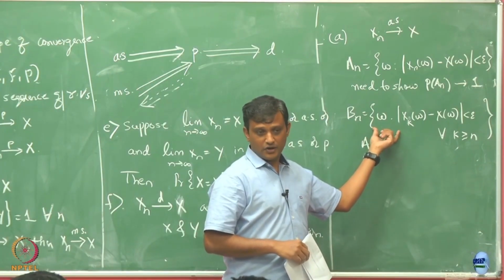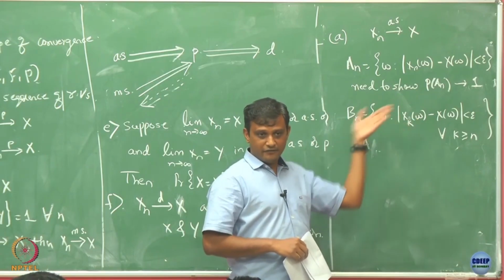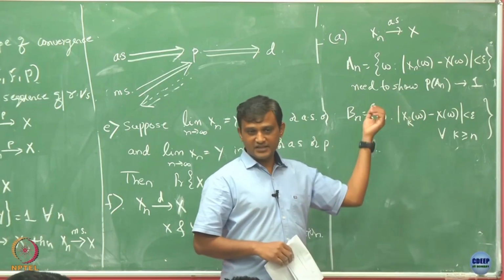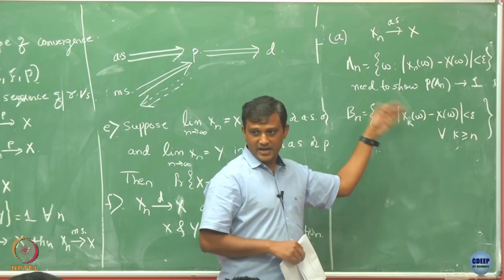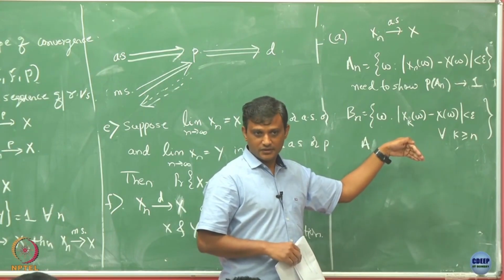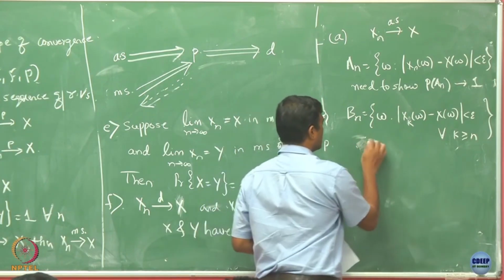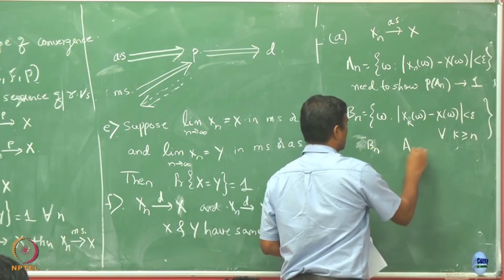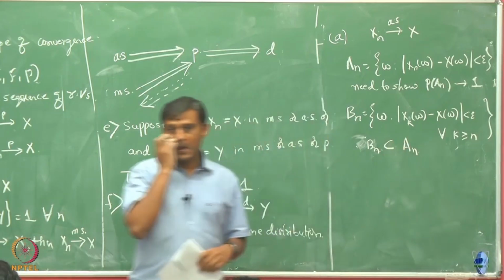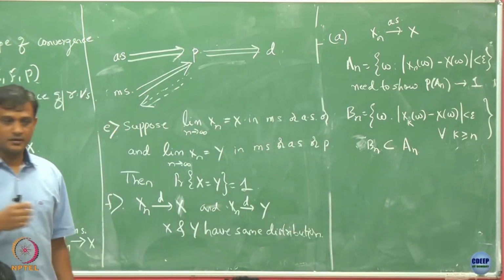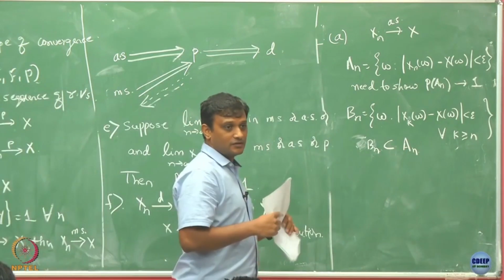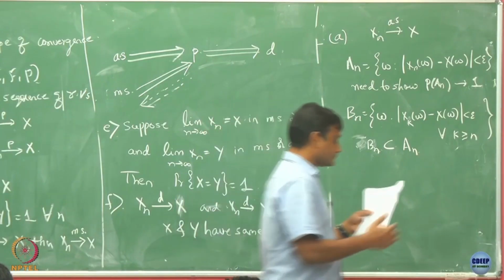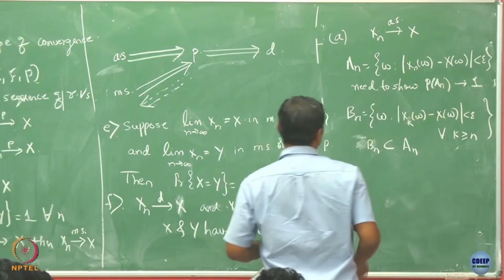So for Bn, not only for n, I want this to happen for everybody. So it may happen that for some omegas this may not happen, they may drop out from this. So because of that, which one is correct? This one or the other way around? This one is correct, right? Fine.